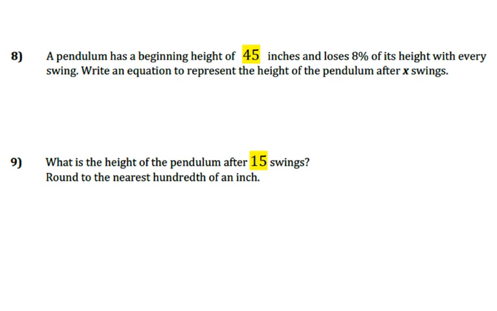Number 8. A pendulum has a beginning height of 45 inches and loses 8% of its height every swing. Write an equation to represent the height of the pendulum after x swings. So notice we have a percentage here. So we have a beginning height, that's a, and then we're given loses 8% in height with every swing.